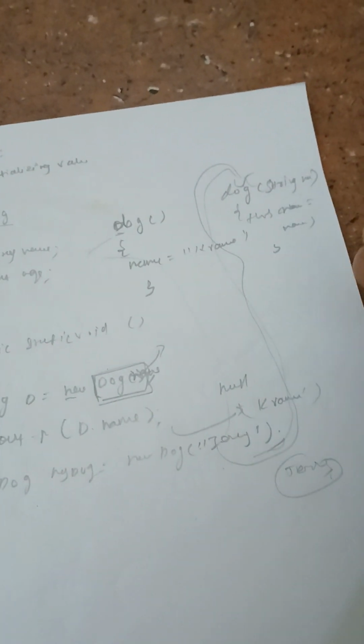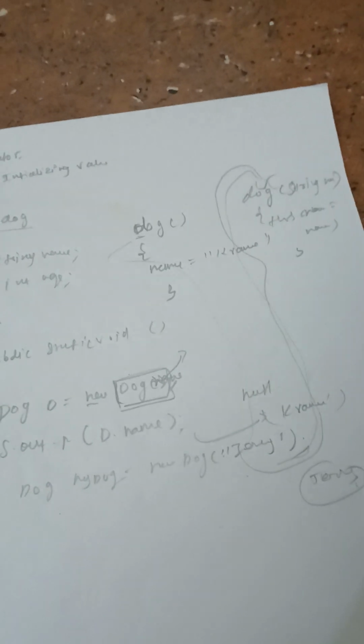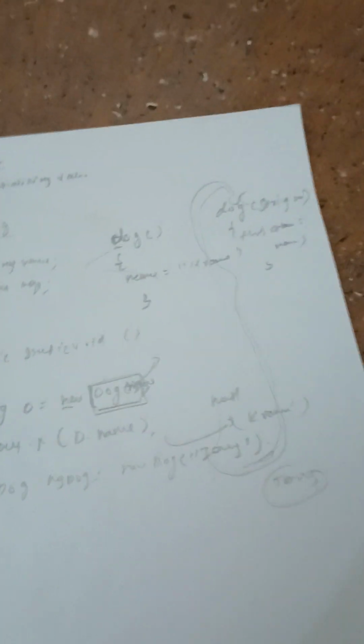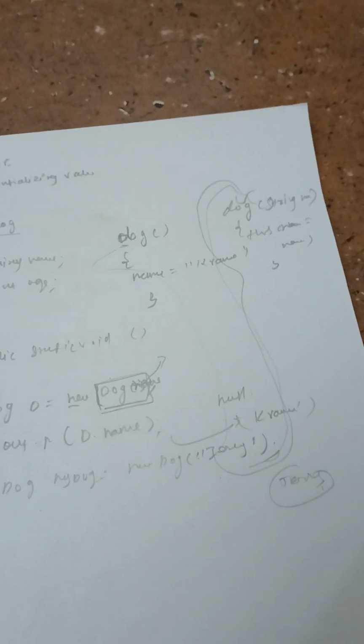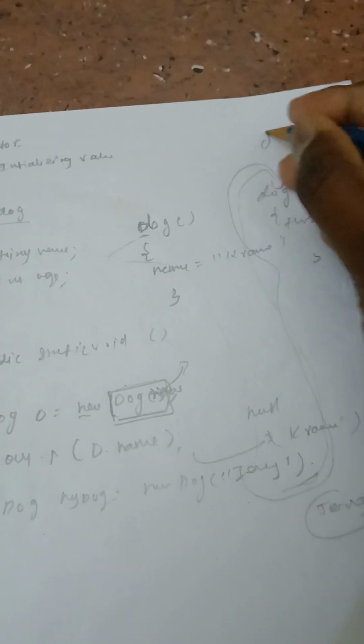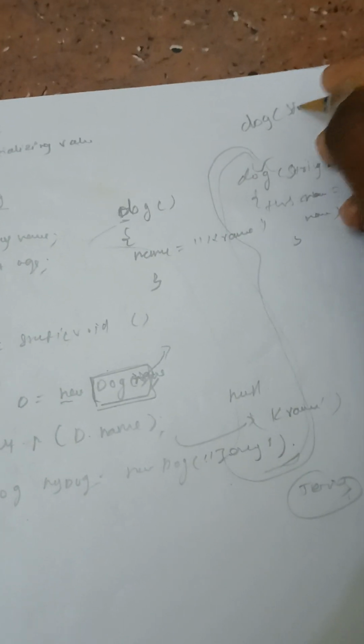Another point: you cannot create the same constructor with the same parameter. You can create multiple constructors, but you can't create a constructor with the same parameters. If I add Dog(String something else), it shows an error.